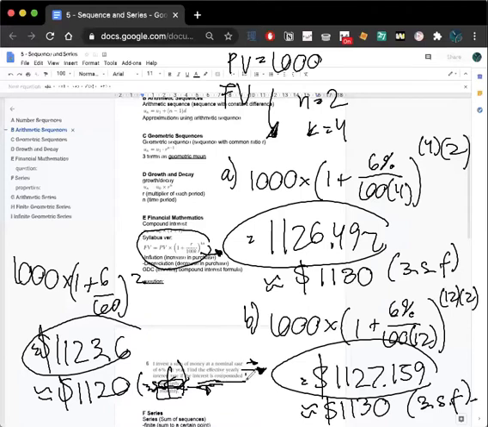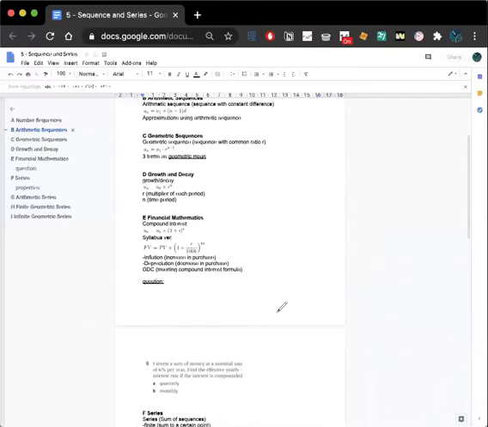They may be a bit complicated, but then they have higher results if the compounding is more frequently done. This is quarterly, monthly, yearly. Okay.